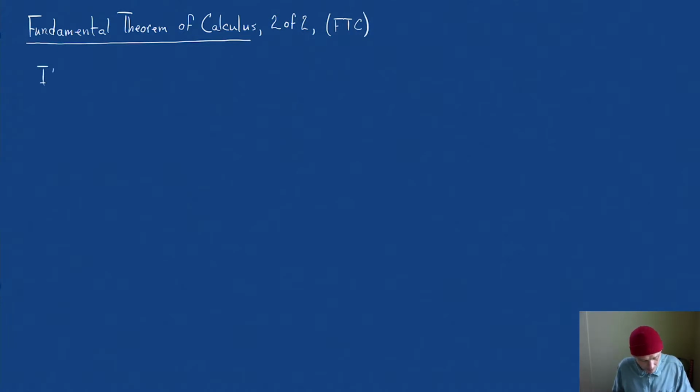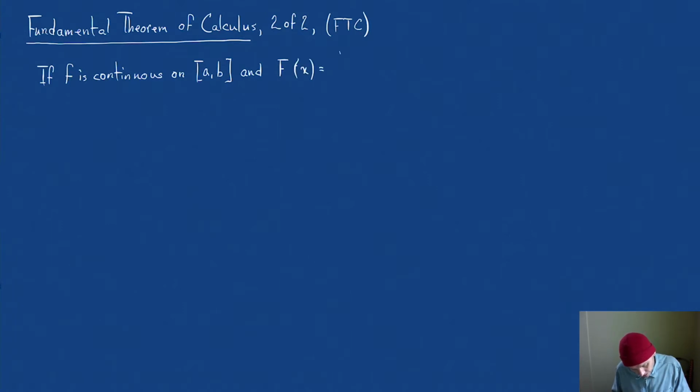It says, if f is continuous on the closed interval from a to b and F of x is the antiderivative, meaning the integral from a to x of f of t dt, then here's the big piece.